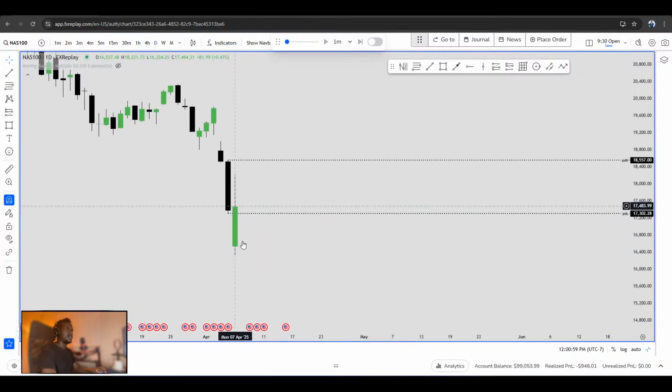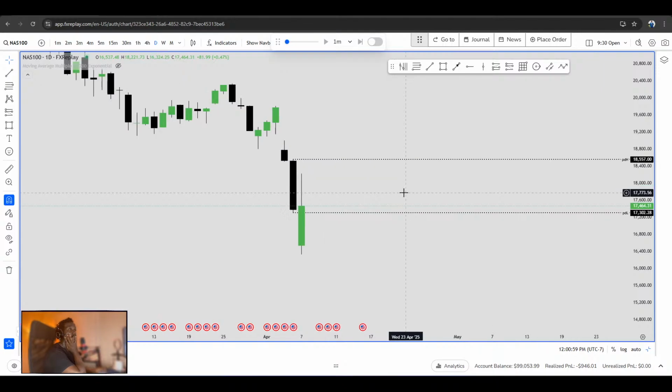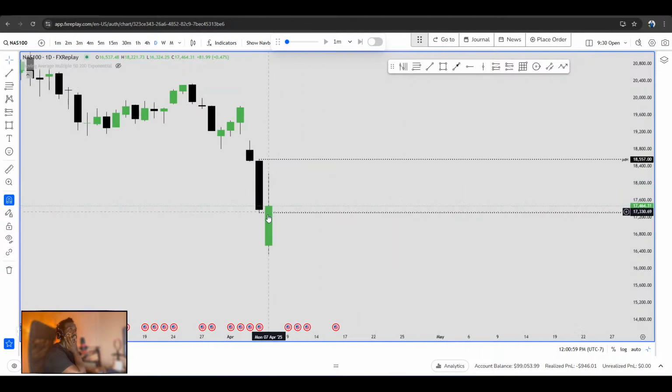Previous day low, we've traded below, and then we came up, so there's a high probability that we could be coming to this previous day high. But just know that we opened, was this a gap down? Yes, went down. Now no, we gapped up. So did we go up and then we came down, and now we're going up?